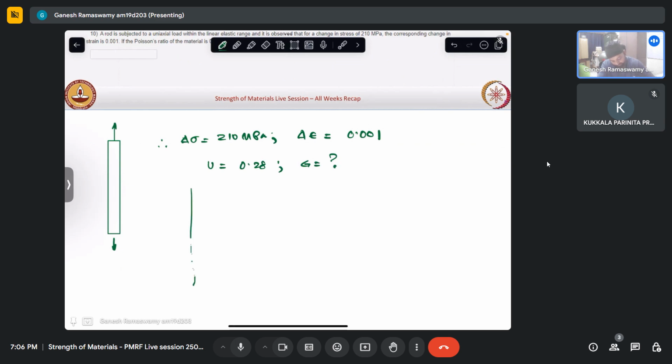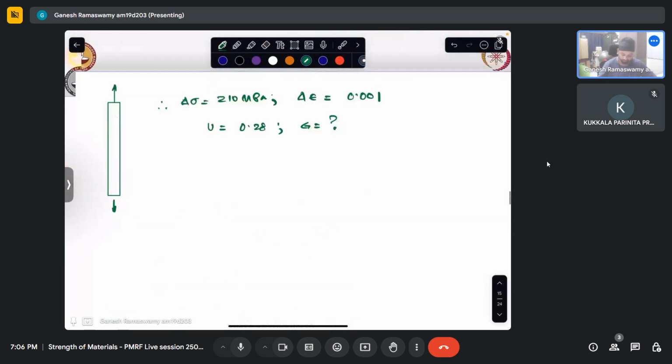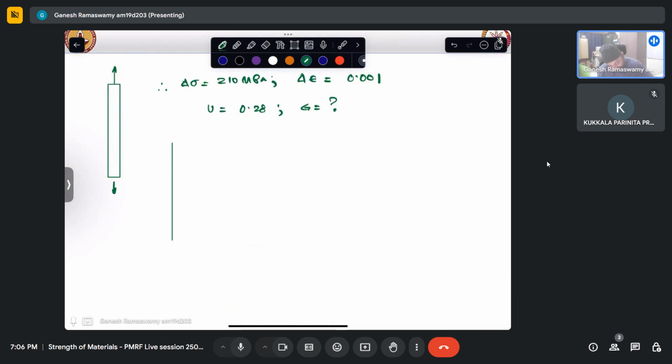So for this question, if I were to draw the stress strain curve, now we have been told that this is in the linear elastic zone. So this point is 0, 0. Now this is linear elastic.